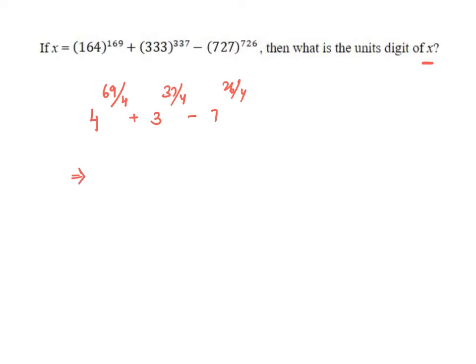Take the remainder in each case. 68 is perfectly gone, so 1. 3 power 37 by 4. 36 is perfectly gone, so again 1. 26 by 4, remainder is 2. So 7 square end up with 9. So 7 minus 9 is minus 2. Minus 2 means 10 minus 2. That's 8. Therefore, the unit digit is 8.